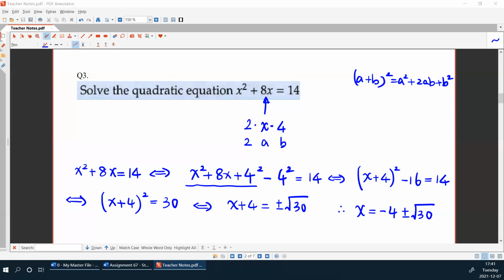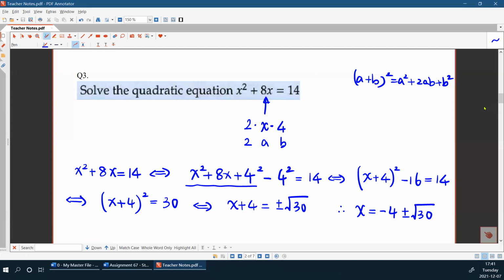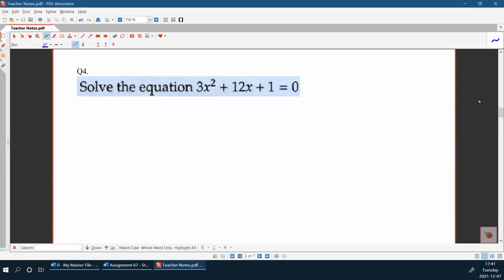No questions? All right, let's have a look at the next one. Okay, next one, again, we can use the completing square method, right?